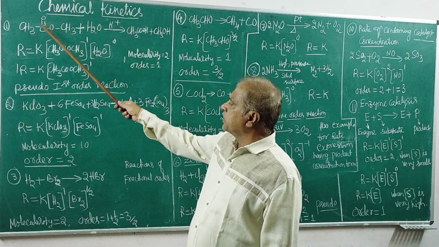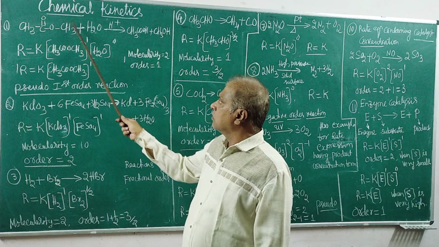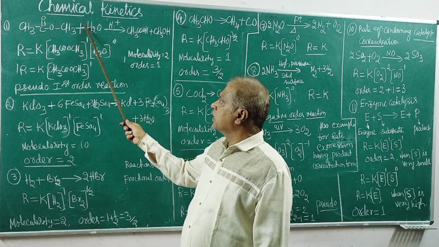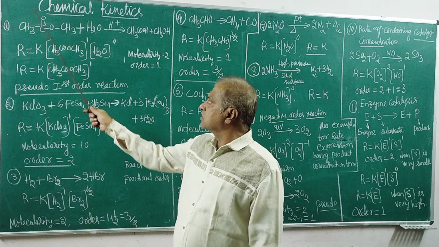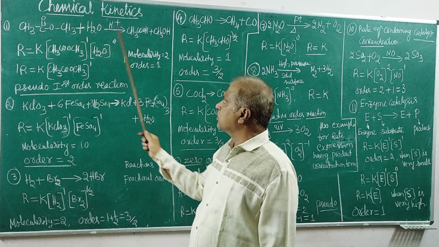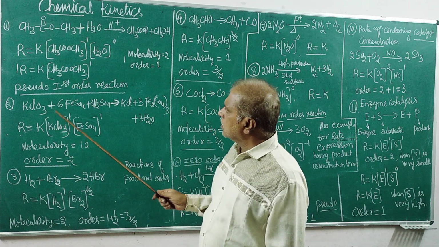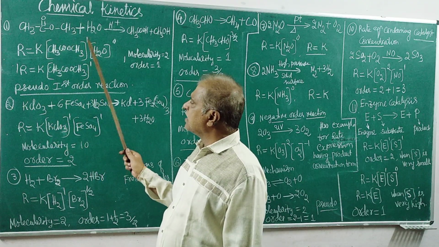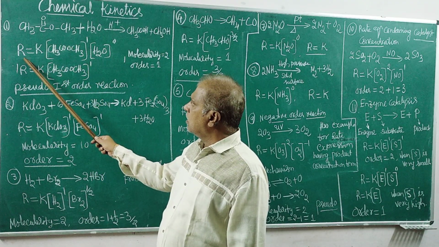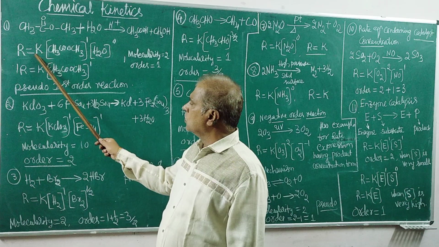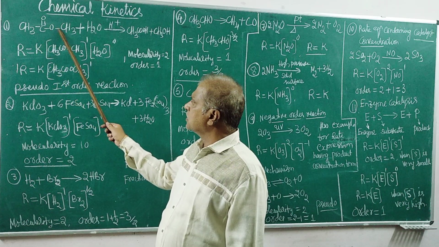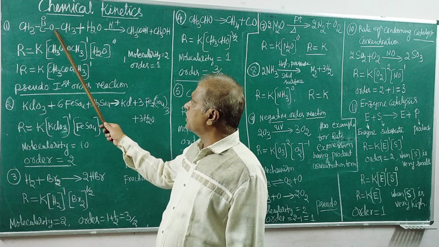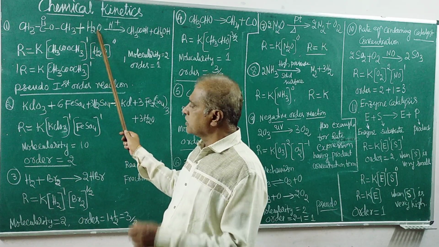This is stoichiometric equation 1, 1. Always look at the coefficients of the reactants in the balanced equation. And this is the rate expression for this reaction. Experimentally, you have found that the rate of reaction is equal to the rate constant times the concentration of this times the concentration of this.